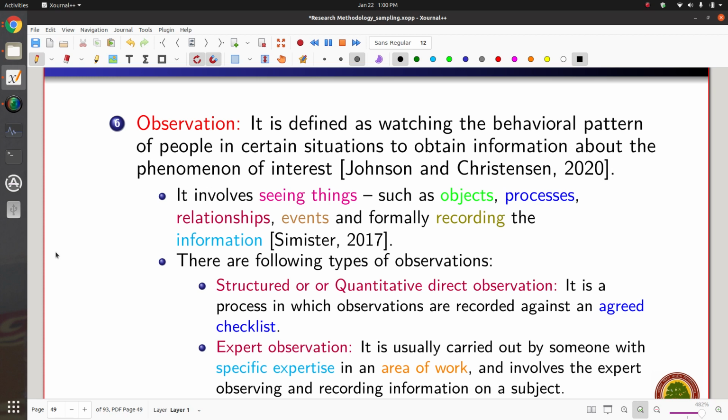So LaPiere was a researcher. He was a US social scientist. He studied a problem related to Chinese people in 1934. Let me tell you in brief what he studied.